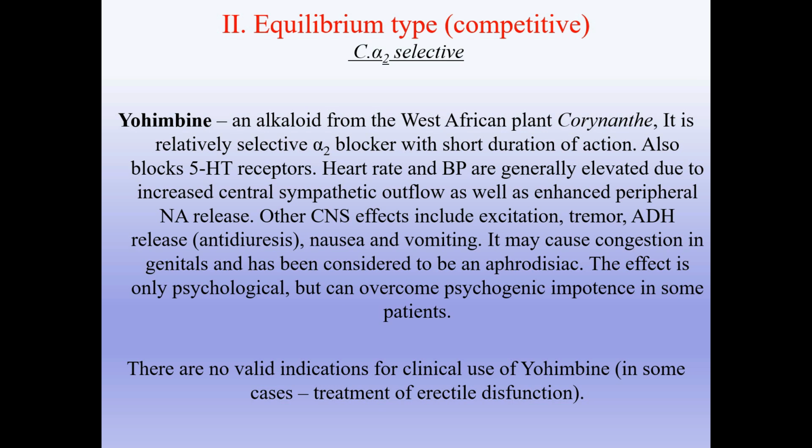Other CNS effects include excitation, tremor, antidiuretic hormone release, nausea, and vomiting. It may cause congestion in genitals and has been considered to be an aphrodisiac. The effect is only psychological, but can overcome psychogenic impotence in some patients. There are no valid clinical indications for use of yohimbine, except in some cases, treatment of erectile dysfunction.